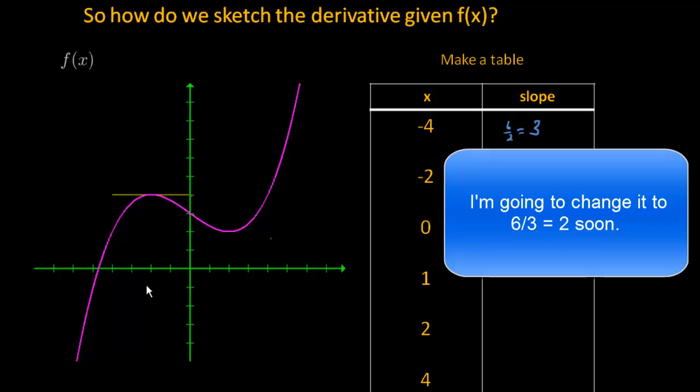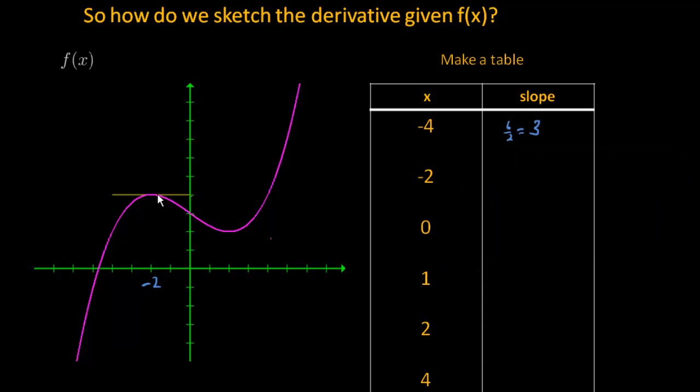All right, this one's easy. So at negative 2, we have a slope of 0. All right, let's try at 0. Now this one's a little trickier. I'm going to say something like that. So we go down 1, 2, 3 over 1, 2, 3, 4.